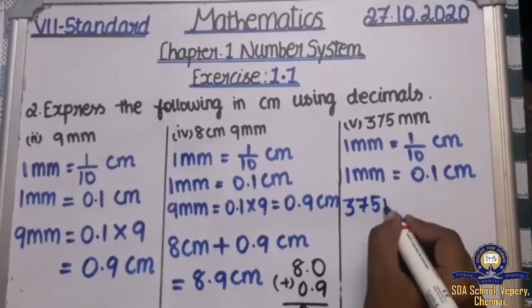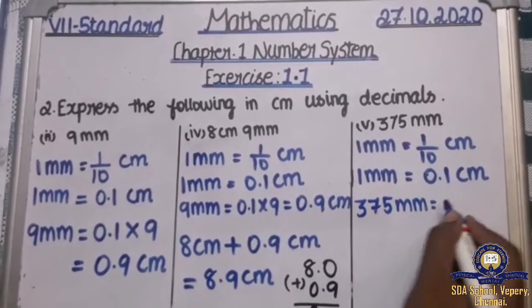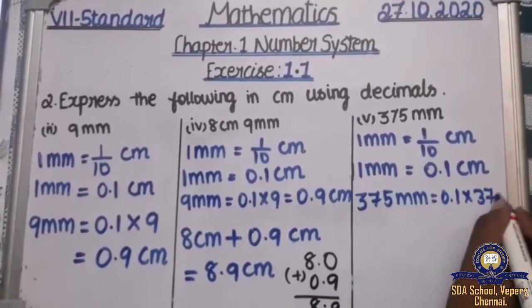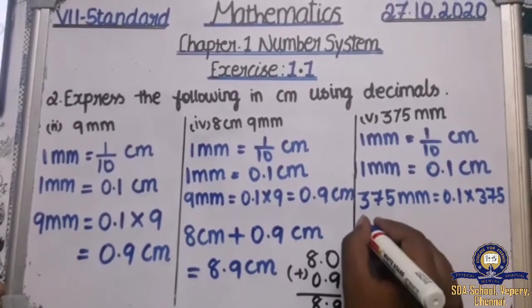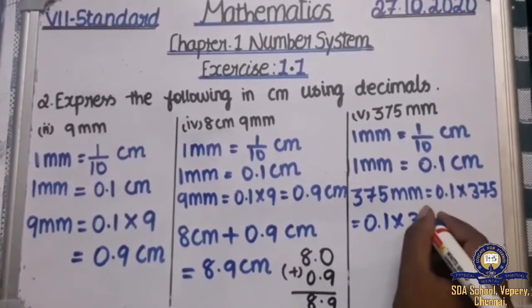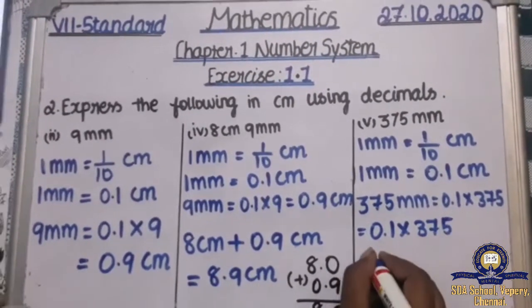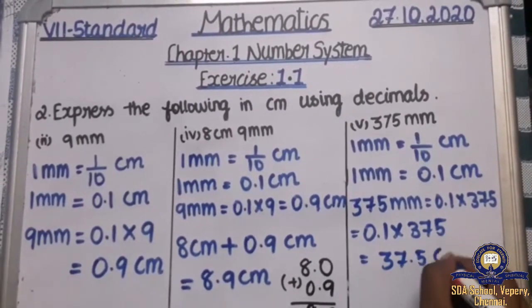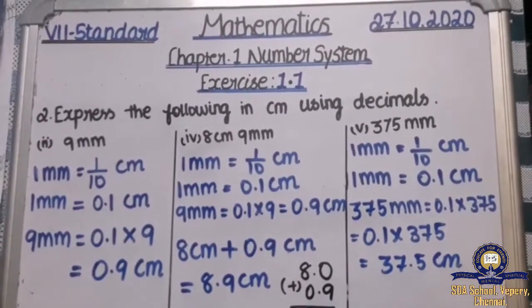So 375 millimeter is equal to 0.1 into 375. When we multiply both values, 0.1 multiplied by 375, we get 37.5 centimeter. Okay students.